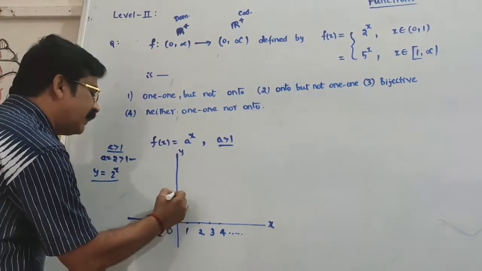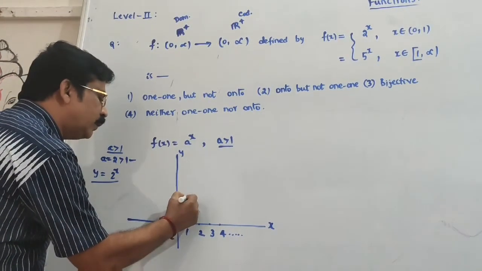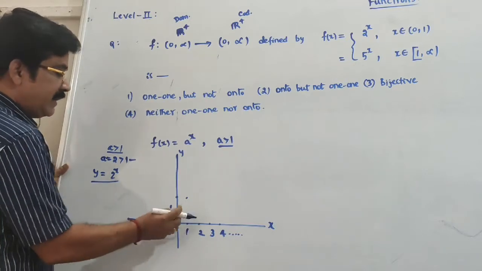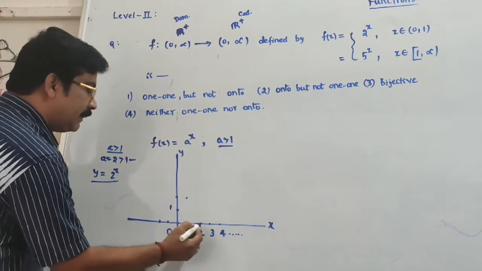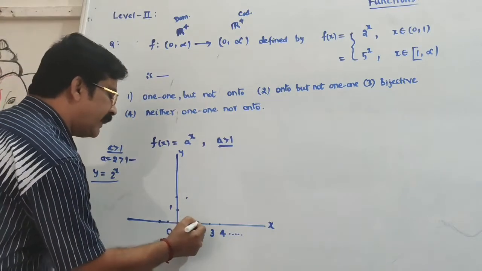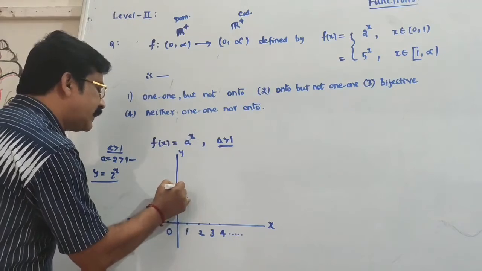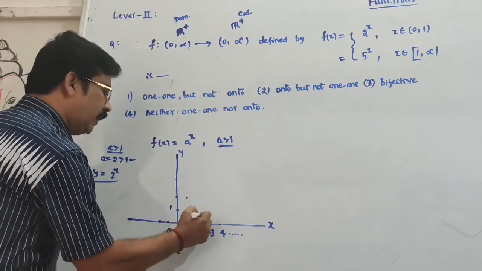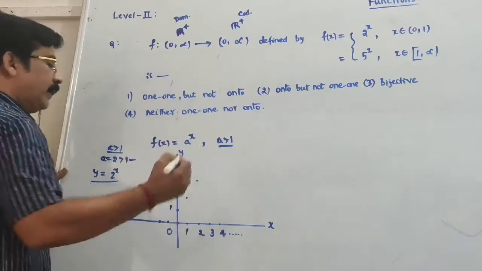When x equal to 1, the y value is 2, meaning the point 1 comma 2. It is increasing from 1 to 2. Next, x equal to 2, 2 square is 4. So when x equal to 2, the y value is 4, and we plot 2 comma 4.